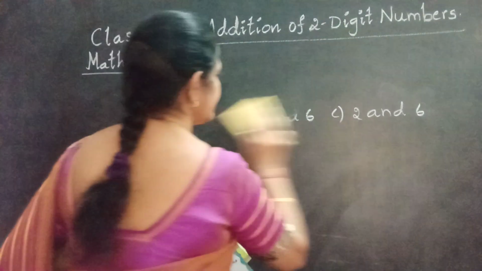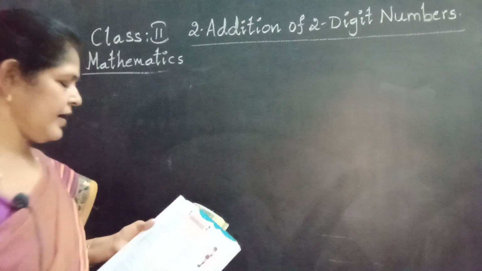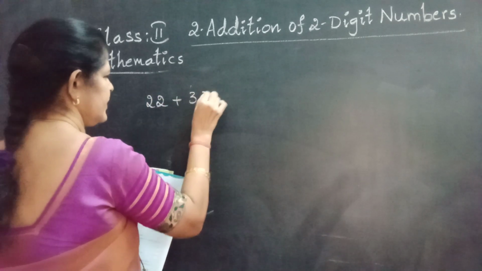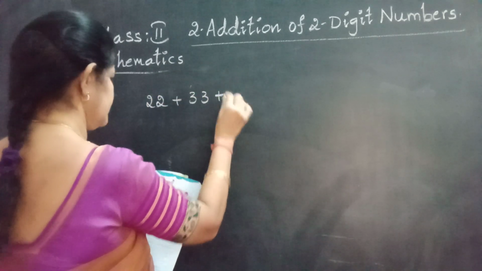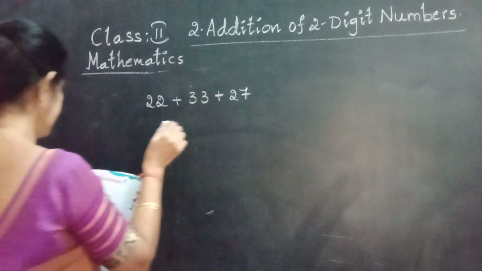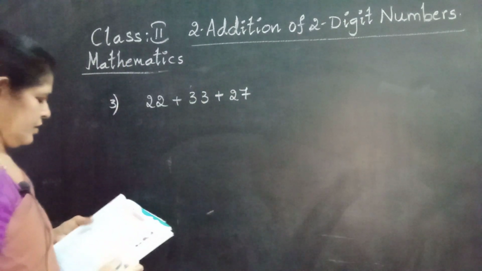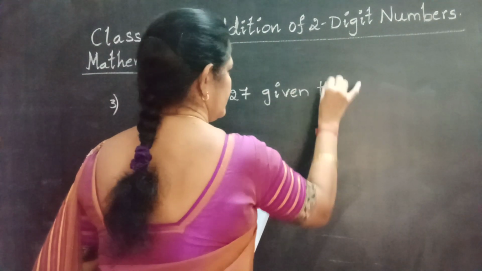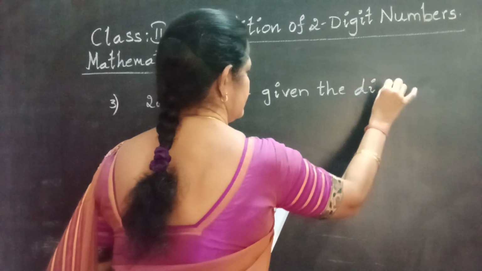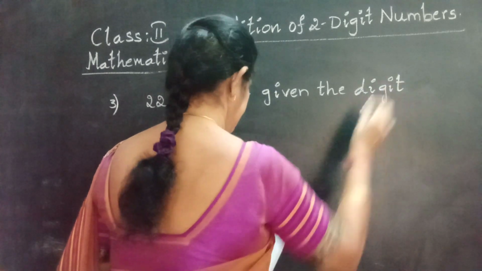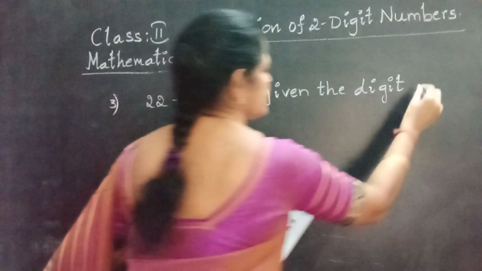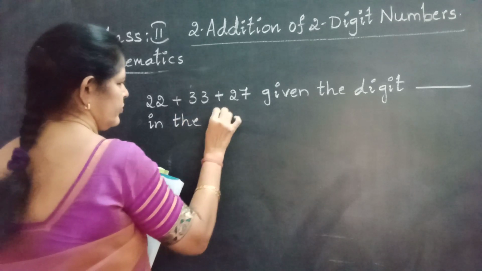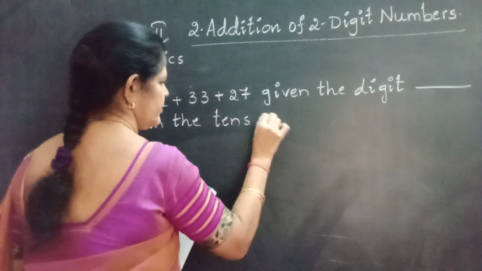Next one, third question. See the question. 22 plus 33 plus 27. This is the given addition. Given the digit dash in the tens place.